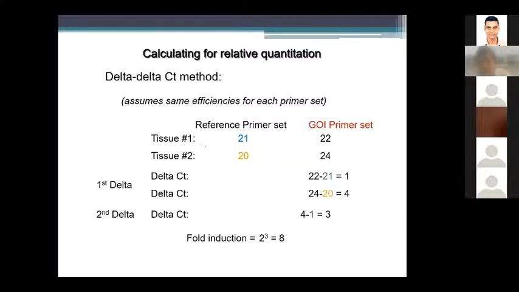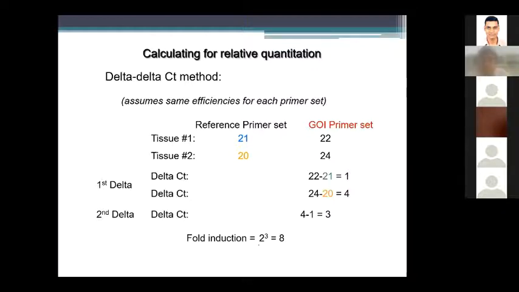For example, we get the CT value of the first tissue as 21 and the other tissue as 20 for the reference gene, and for the gene of interest the CT values are 22 and 24. Now we first calculate the delta CT. The first delta CT is the difference of 1 and 4, and then the second, the delta delta CT, is the difference between the first delta CTs.